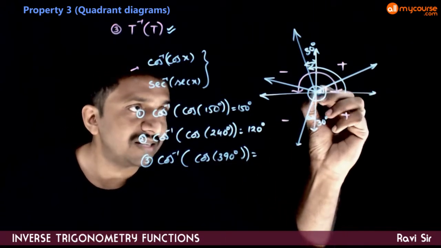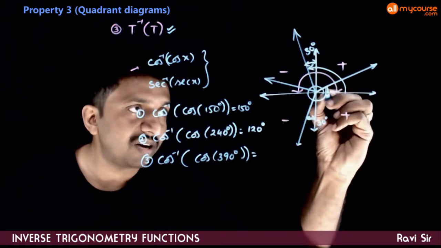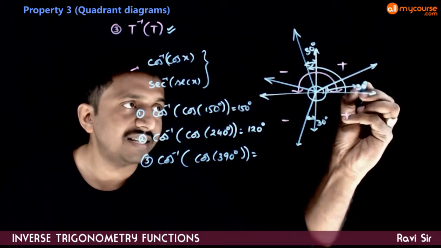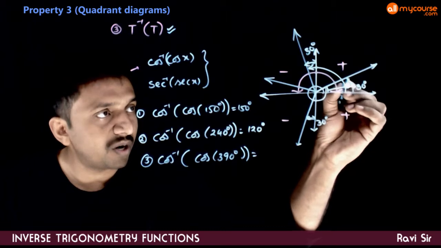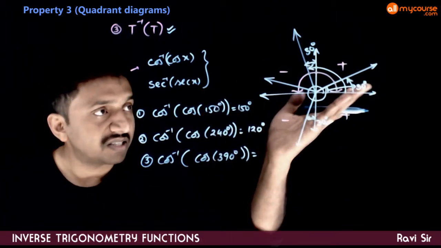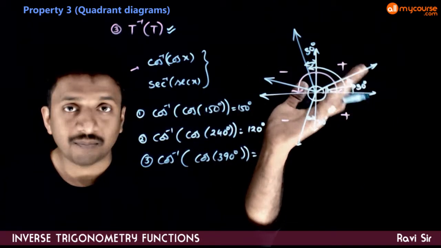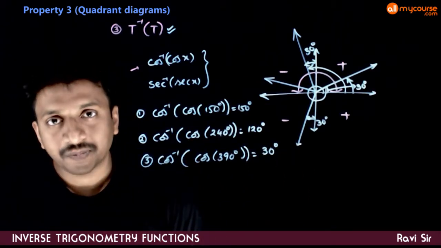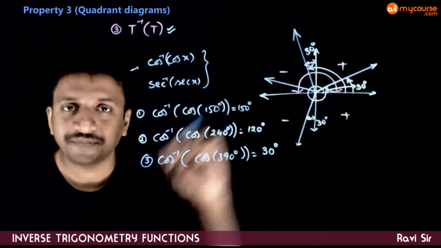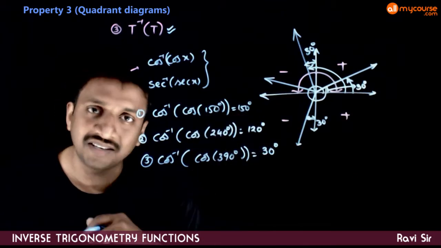This is 360, plus this extra angle is 30 degrees. Now what is the standard angle corresponding to this ray? Start with positive x-axis, measure this, it turns out to be 30 degrees. This is 30 degrees extra. Hence the angle is 30 degrees.